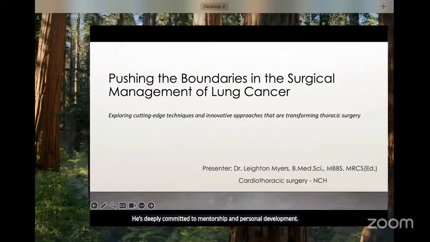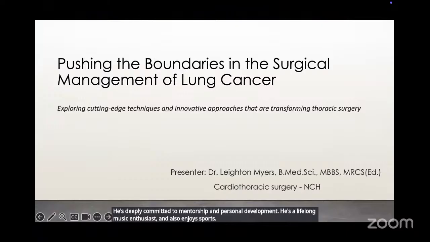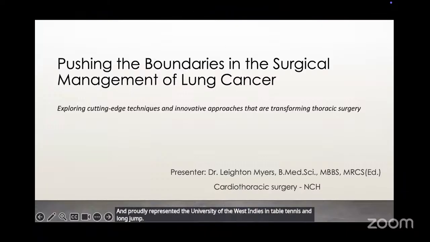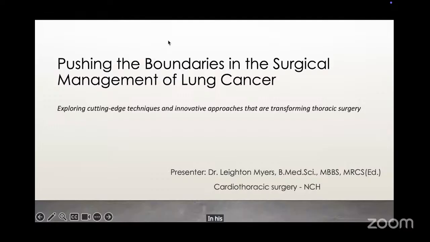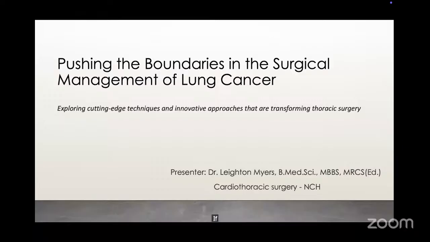He's a lifelong music enthusiast and also enjoys sports, and proudly represented the University of the West Indies in table tennis and long jump. In his downtime, he's a devoted supporter of the Arsenal Football Club in the English Premier League. So he'll be very happy to see the Premier League results of the past weekend if he's an Arsenal supporter. I want you guys to welcome the Gunner, Dr. Leighton Myers.